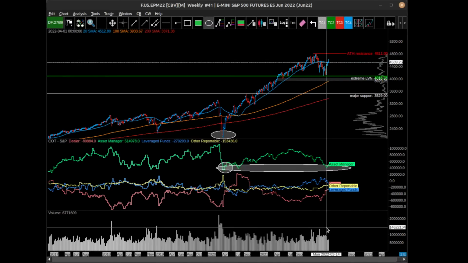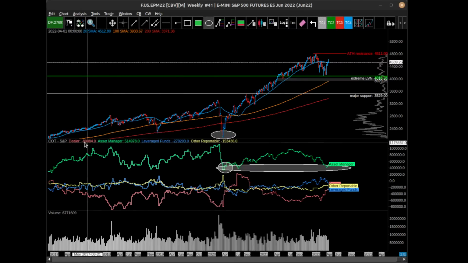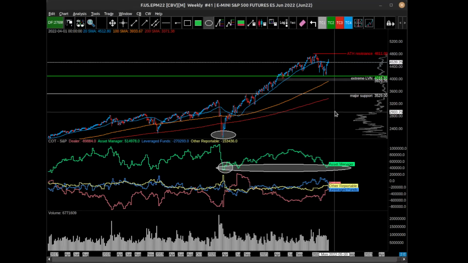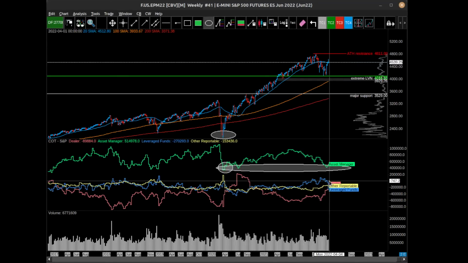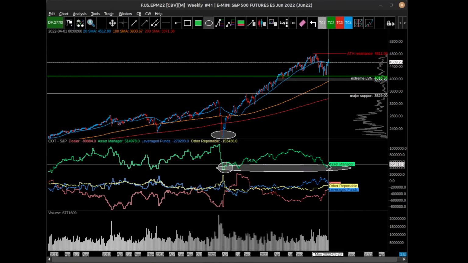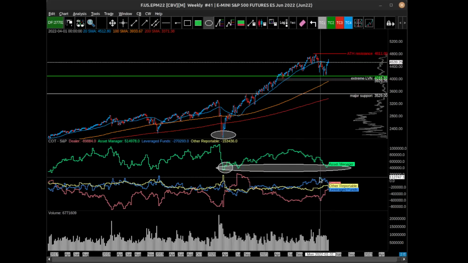So tonight at some point this data gets updated, because this is still last week's data. I'm curious to see what a lot of these look like when it updates, but I would expect this to start to move back to the upside. So I think there will still be some chasing here.